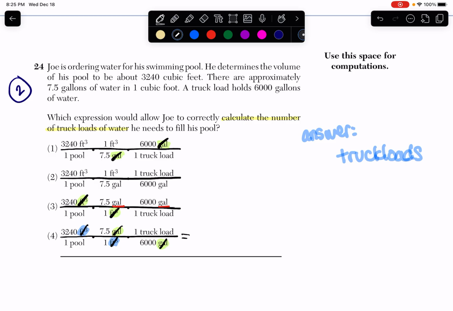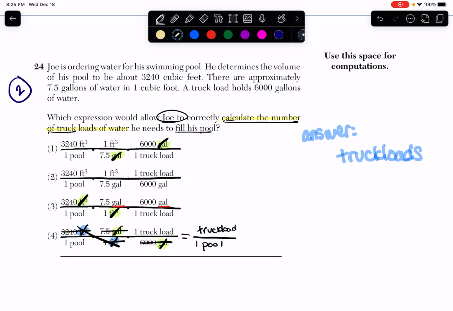What I'm left with, if I ignore everything that canceled and I ignore all the numbers, I don't care about numbers, I have truckload per one pool. That's what Joe wanted. Joe wants how many truckloads to fill his pool.